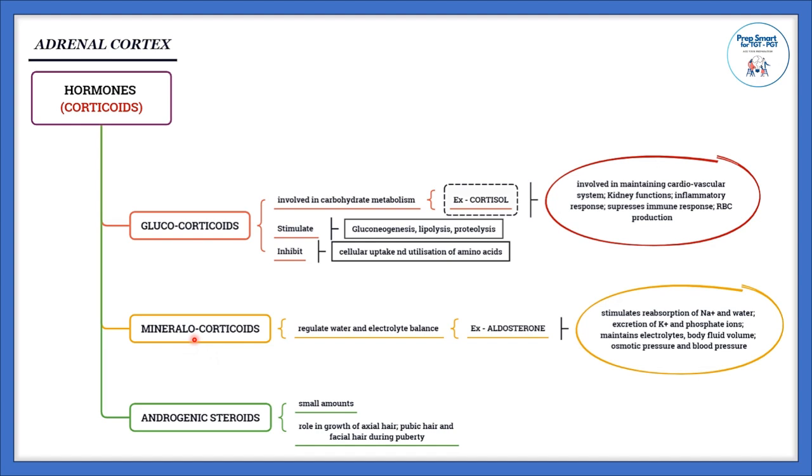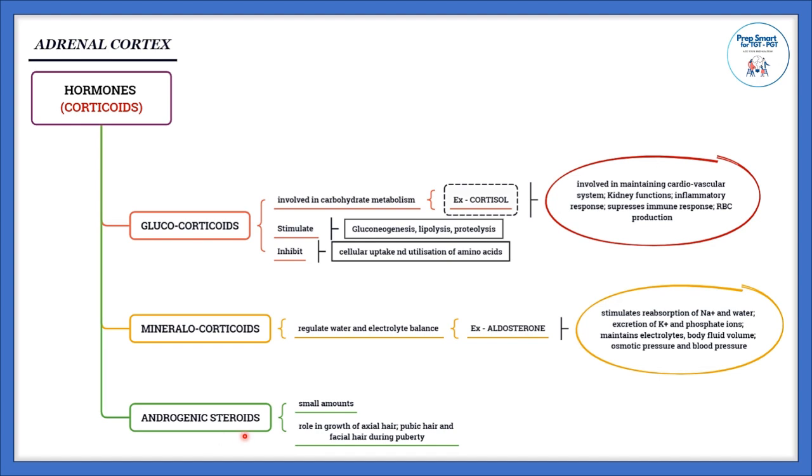As discussed, mineralocorticoids regulate water and electrolyte balance. One of the major examples is aldosterone. It stimulates the reabsorption of sodium and water, excretion of potassium and phosphate ions, and maintains electrolytes, body fluid volume, osmotic pressure and blood pressure.